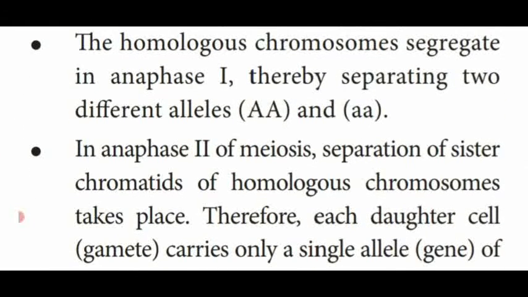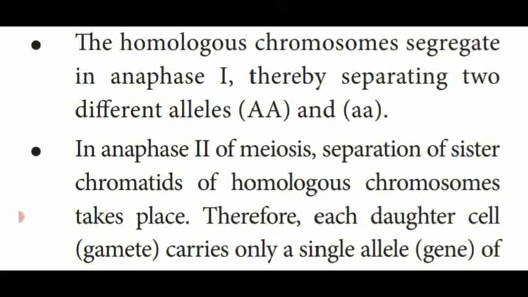Then the homologous chromosomes are segregated in the anaphase stage. Metaphase means they are arranged in the middle position or equator region. The next stage is the anaphase stage. At that time, a pair of chromosomes is separated due to the spindle fibers formed by the centromere region.